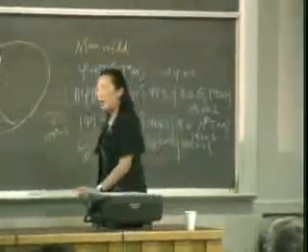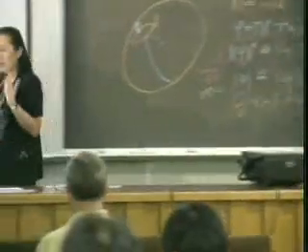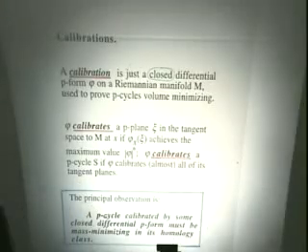In calibrated geometry, why does it work? The key idea is that a P cycle calibrated by some differential form must be volume minimizing in its homology class.